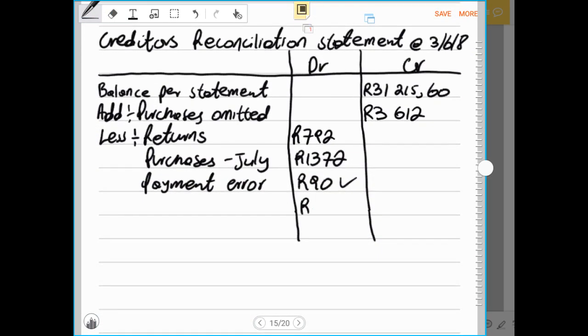So now we can have that 8,300, bank plus discount.